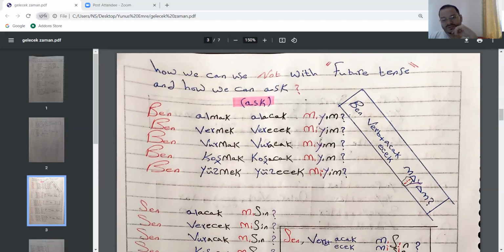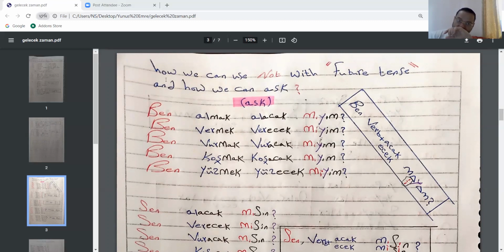Let's take a look at this form. Ben, verb, acak, ecek, M delta, Y. It's a condition, because in all situations when we're dealing with ben, we have to put Y between the following vowel letters, to be like that. Alacak mıyım, verecek miyim, vuracak mıyım, koşacak mıyım, yüzecek miyim?